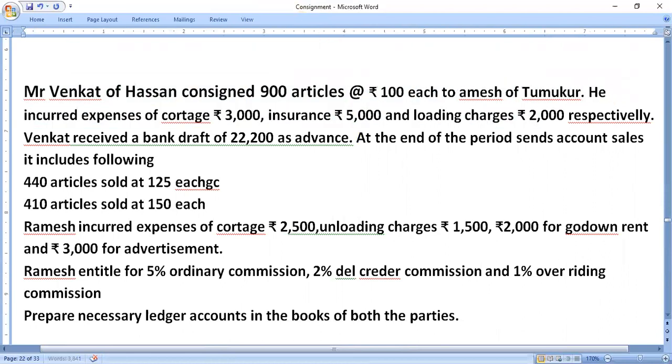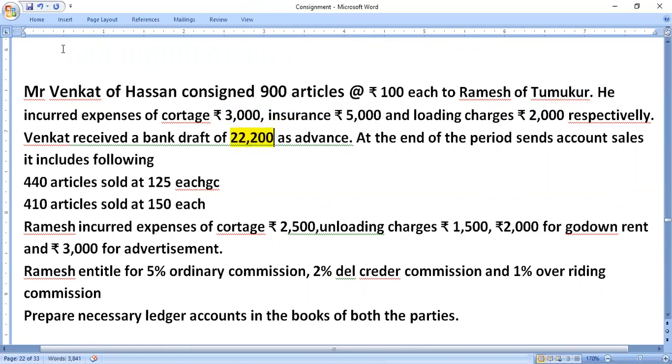Venkat incurred expenses: cartage 3,000, insurance 5,000, and loading charges 2,000. Then Venkat received a bank draft of 22,200 as advance.